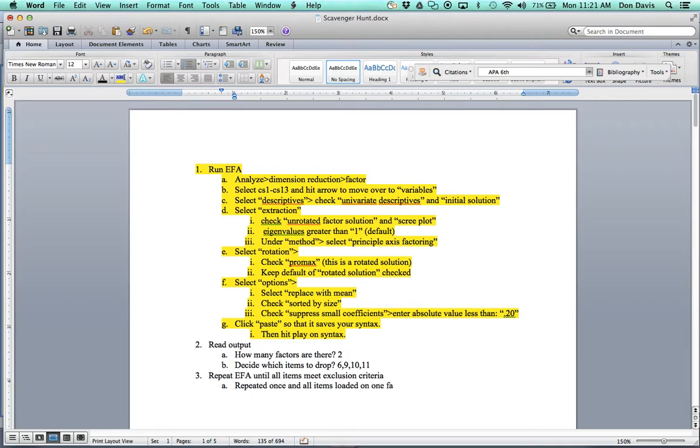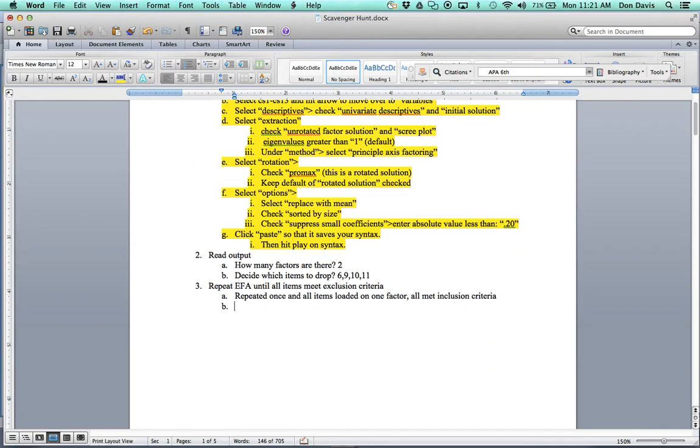One factor, all met inclusion criteria. So we'd be done, and then we could calculate the alpha on the scale.